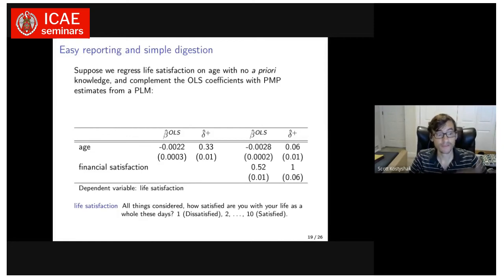In other words, financial satisfaction was what was driving the monotone increasing part of age when we were not controlling for it. It'd be better to see these graphically, but the point is we can get this story from just this table of 12 numbers. And so you can imagine that PMP can do the same thing OLS does in those typical tables where you have one regression per column.